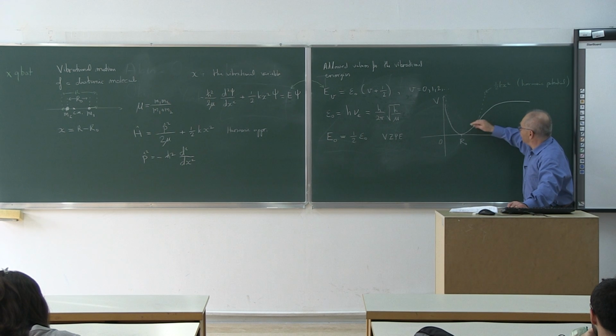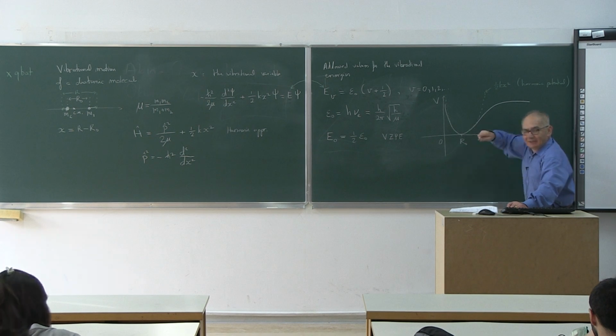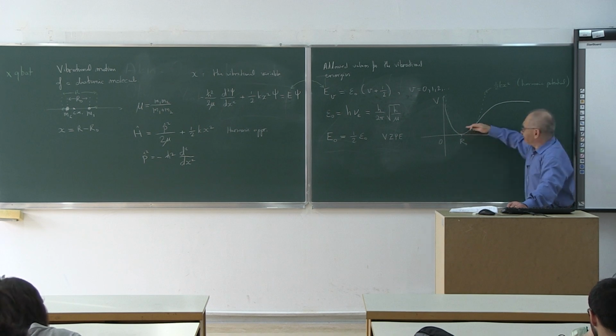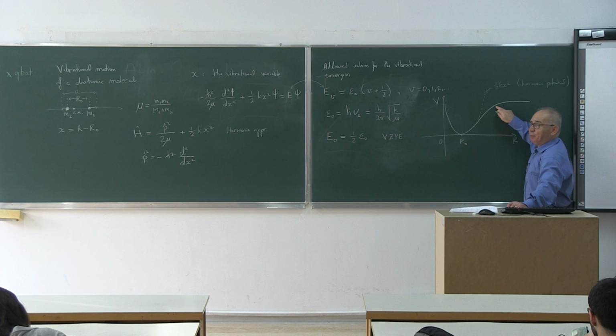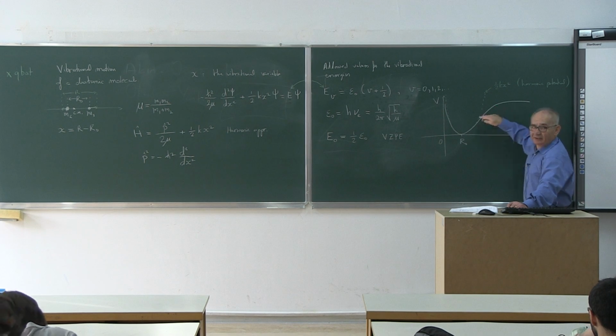But you should notice that in the lower part of this figure, the parabola fits very nicely with the true potential. Therefore, the results we obtain from the parabola approximation, the harmonic approximation, should not differ very much from the true vibration energies if we had used the exact potential energy function here.